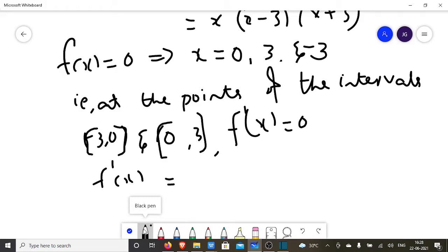We have f of x is x cube minus 9x, so f dash x is 3x square minus 9.